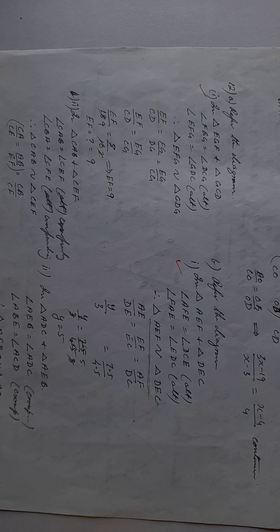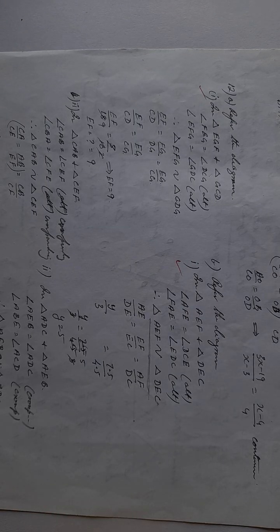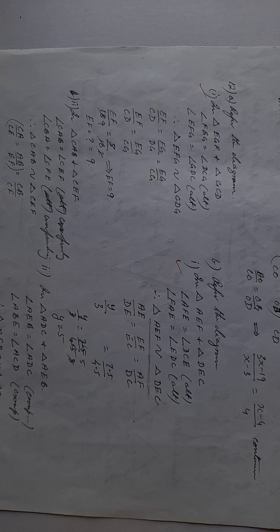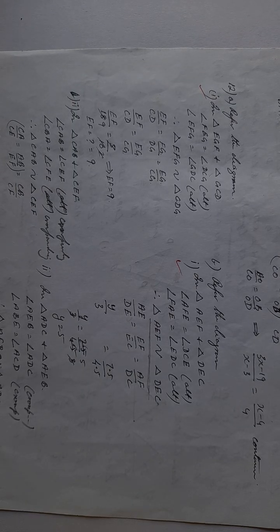You know AE, you know AD, you know DC. Therefore, you'll be able to get x. You have to choose the correct triangle, because once you know y, that means you know AE, you know AD, y plus 3, you know DC. Therefore you will be able to find out EB.